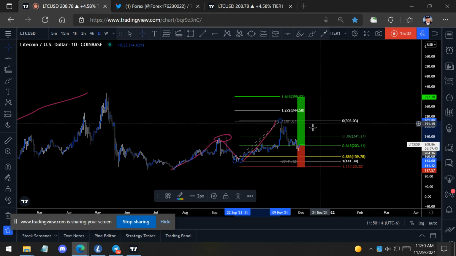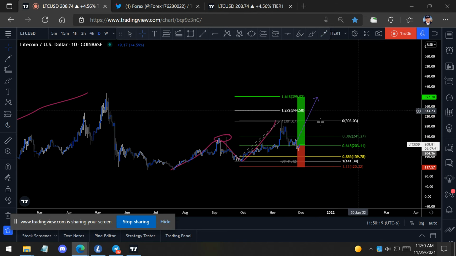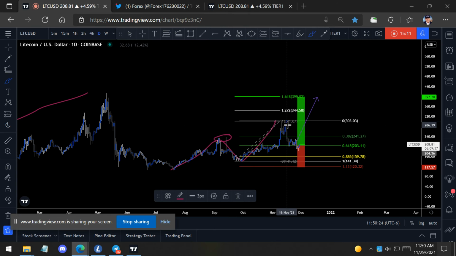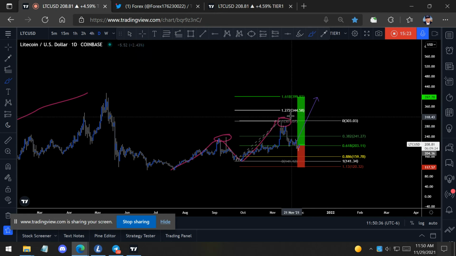Could be looking at this, probably looking to break above previous swing high here at 300. We're looking for a close above previous structure.